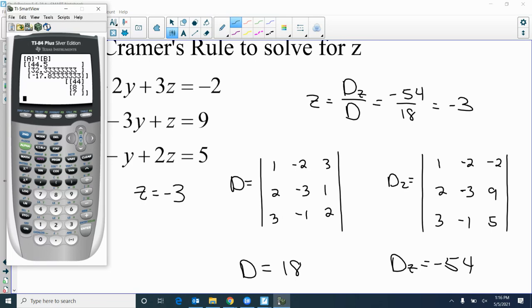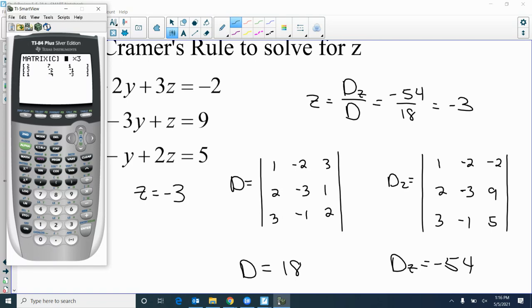Let's see if I got one of these in here. I don't know whether I do or not. Second matrix, edit. We'll go here.